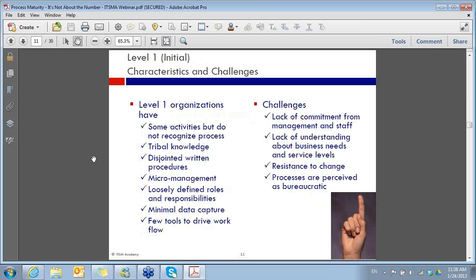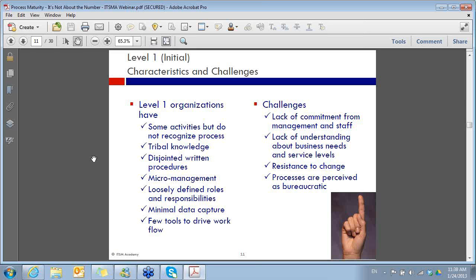Now I want to talk relatively quickly about the characteristics of each level of maturity and some of the challenges and transition steps that you may face or need to face along the way. So at level 1, again, this is typically very ad hoc. Typically, you've not really clearly defined what people need to do.